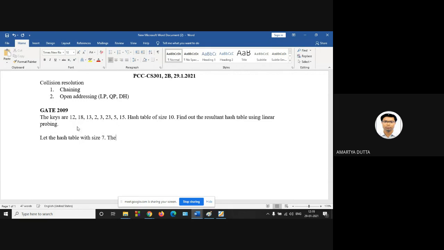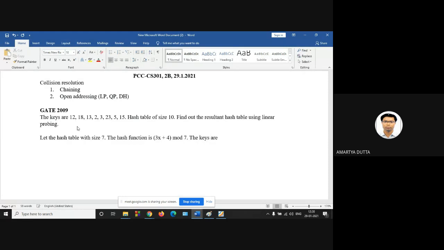The hash function is 3x plus 4 mod 7, that is the size.